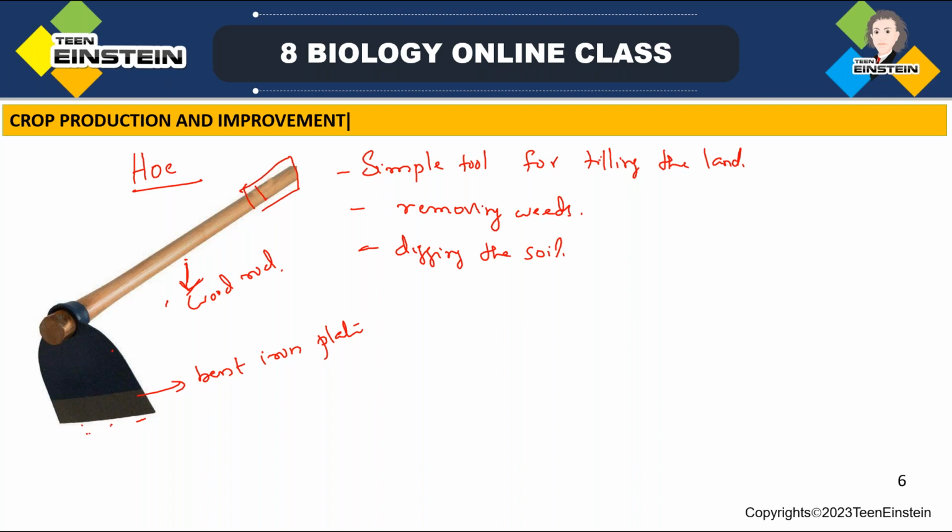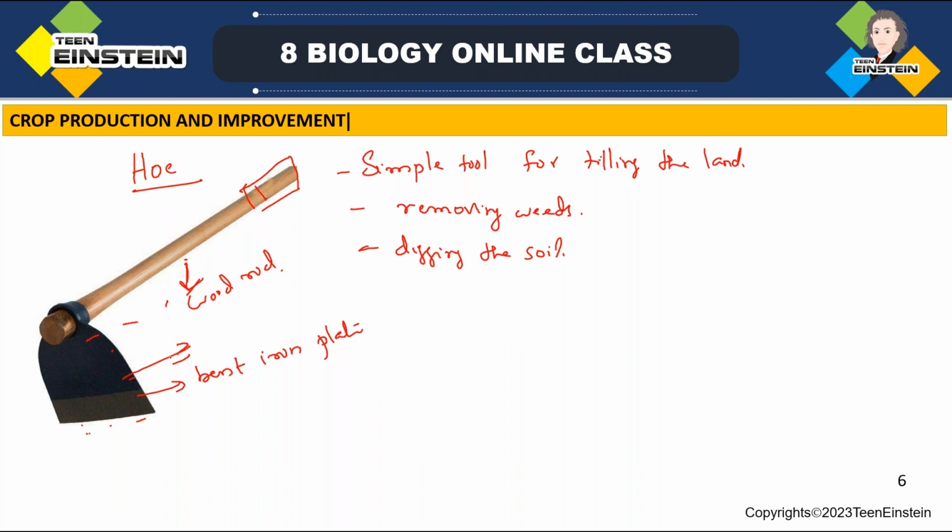This will be slightly sharp. The other end may be connected to an animal or a man, so that when it is operated, the weeds get removed and digging or loosening of the soil is possible. Okay, so that is a hoe.